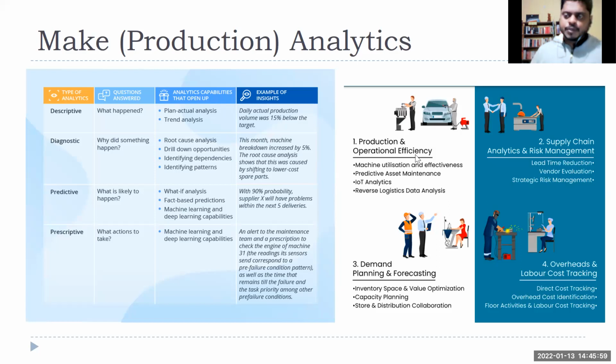There are various ways to achieve that kind of operational efficiency. Then demand planning and forecasting. We are not going to discuss the forecasting techniques today; we'll discuss them later on. But remember that we need to discuss it, specifically in the plant manufacturing scenario. Then there are overheads and labor cost tracking, which is basically workforce analytics.